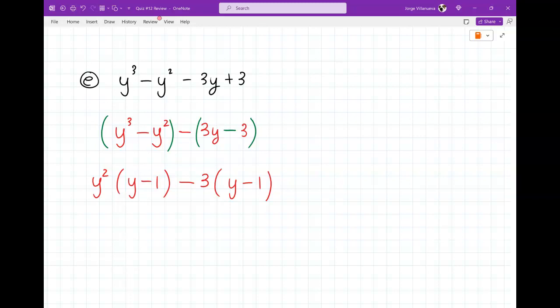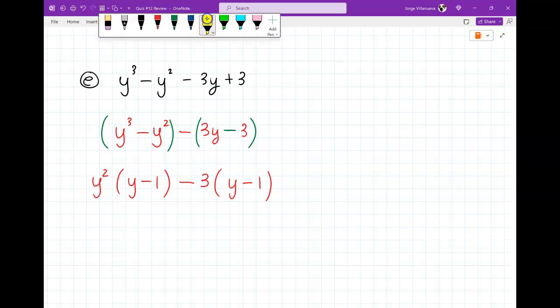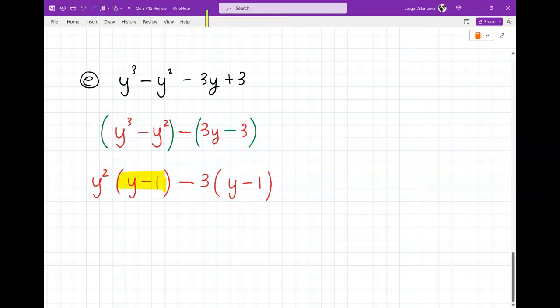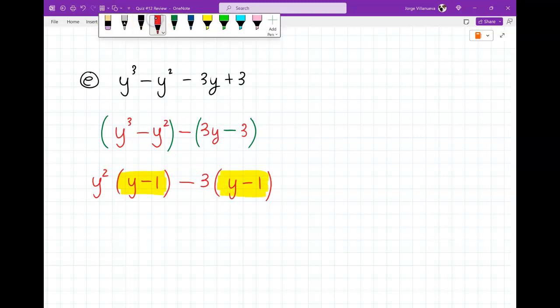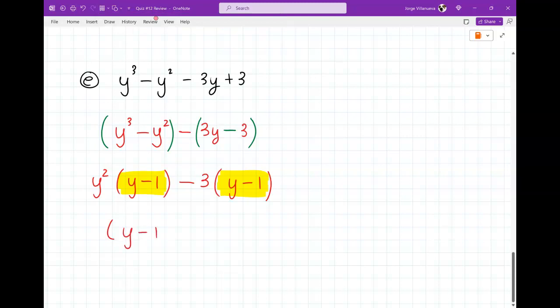Yeah, look at those 2 parentheses, they match. If they match, that means I'm on the right track of doing this thing correctly. I'm just going to highlight them here to make it more obvious. So I'm going to write the matching part by itself. And then in the other parenthesis, you write down the leftovers, the stuff I didn't highlight. So y squared minus 3.